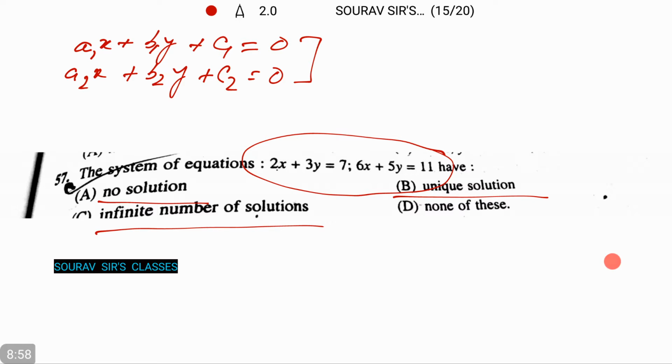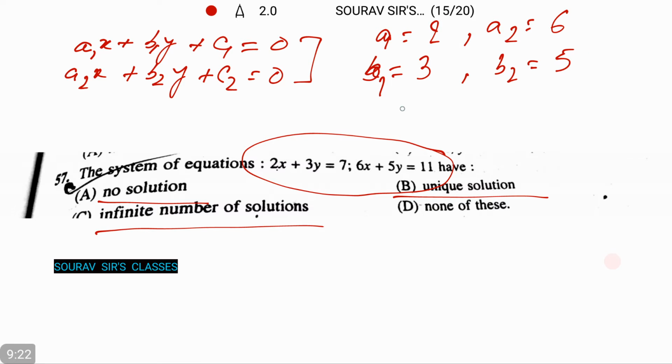So basically, once you compare the two equations, you will have a1 equals 2, a2 equals 6, b1 equals 3, b2 equals 5 and c1 equals minus 7 because we are taking this here, and c2 equals minus 11.